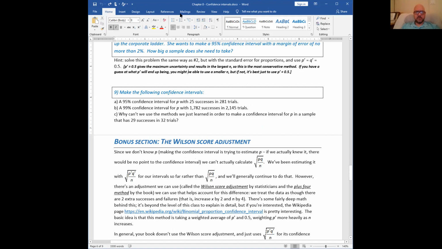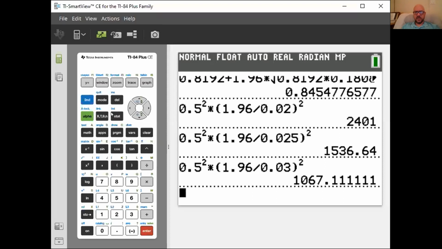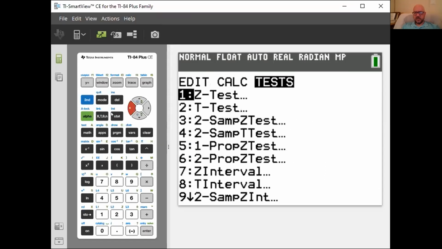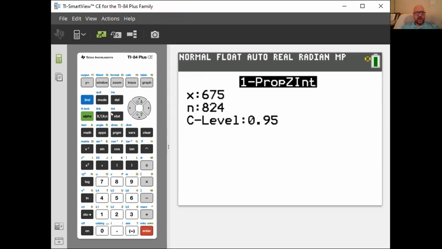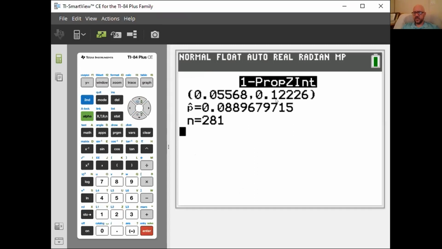So again, calculator wise, this is some easy stuff. Stat tests, 1-PropZInt. We had 25 out of 281. Confidence level 95%. Calculate, and there it is, 0.05568 to 0.12226. There you go.